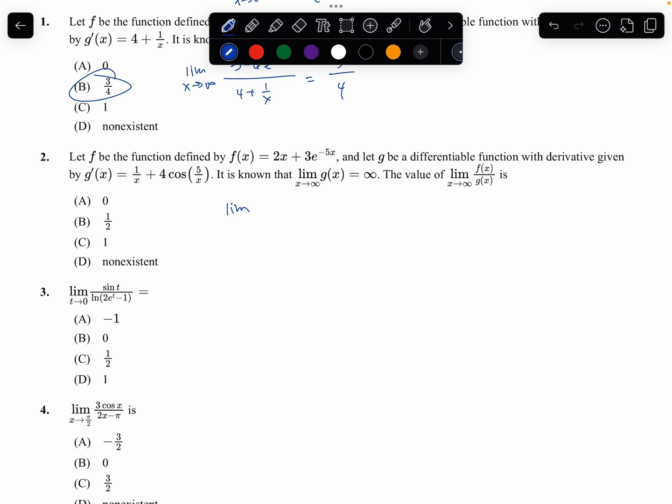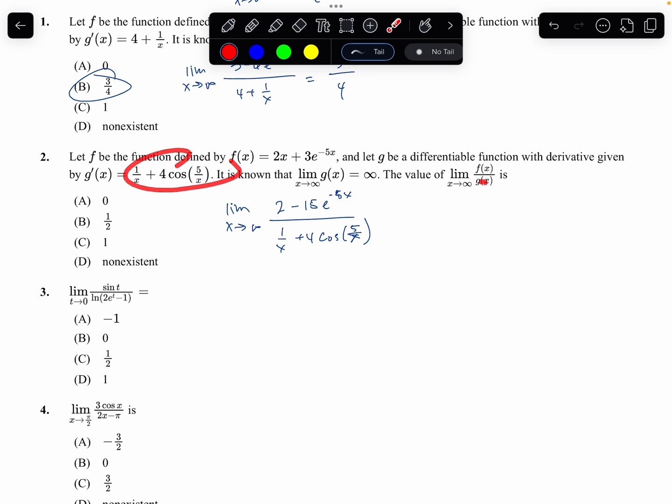So the limit as x approaches infinity of the derivative of f, which is 2 minus 15e to the negative 5x, over 1 over x plus 4 cosine of 5 over x. So this was the derivative of g, which was given to us here.